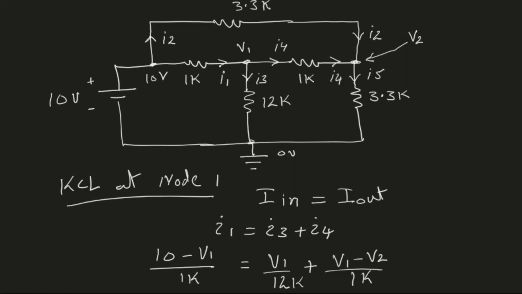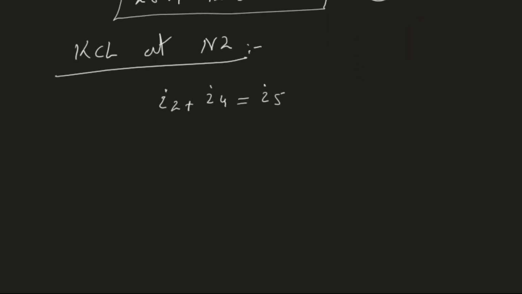I2 is, you see, the voltage on the left side of this resistor is 10, and the voltage on the right side is V2. And the current is moving from left to right, which means I have a high voltage on this side and low voltage on this side, and the current is flowing from high to low. To represent this current in the form of the voltages, I will say that this is (10 volts minus V2) divided by 3.3K.